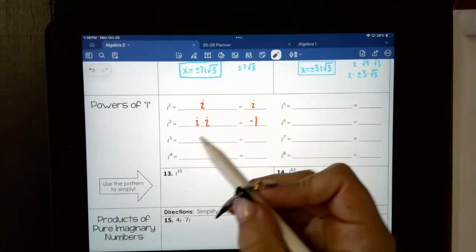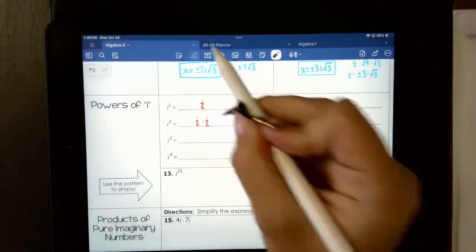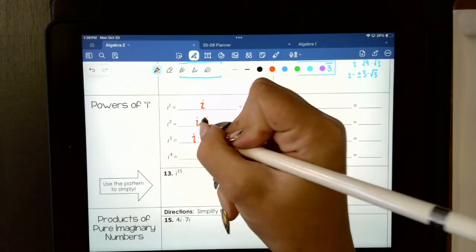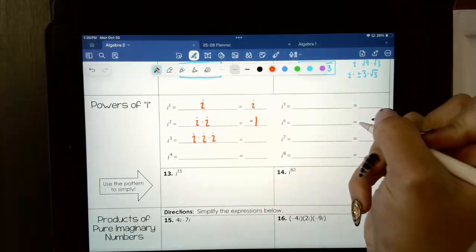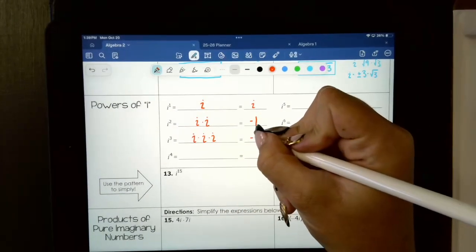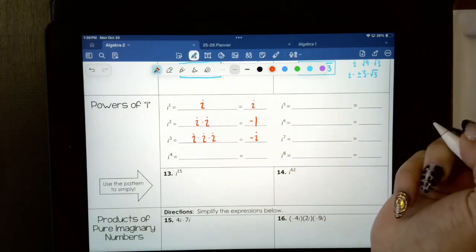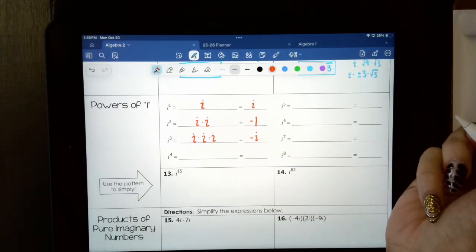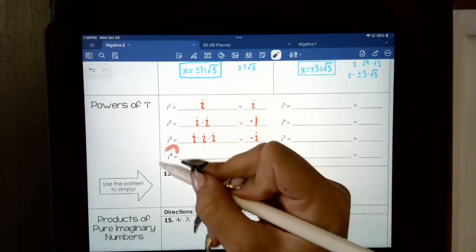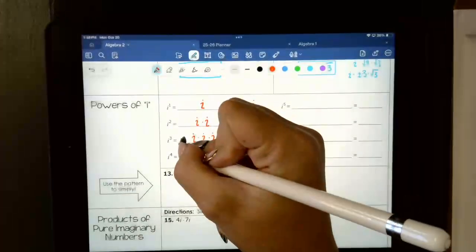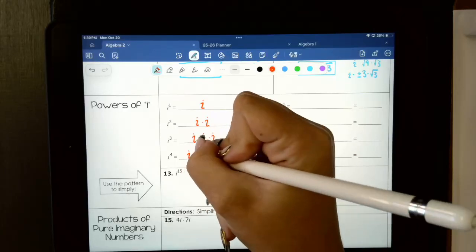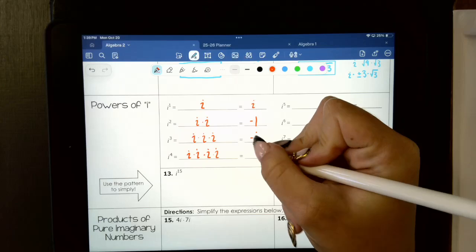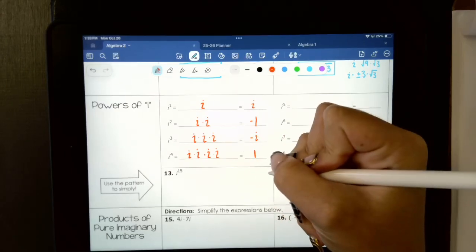Now, we have i cubed, which is going to be, you guessed it, i times i times i, which is going to give us negative i. And then i to the 4th, you guessed it, i times i times i times i, which is going to give us positive 1.